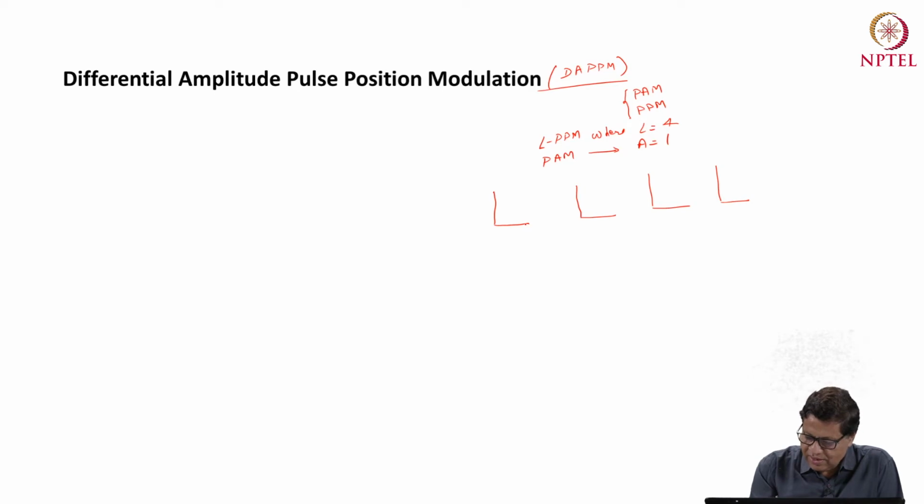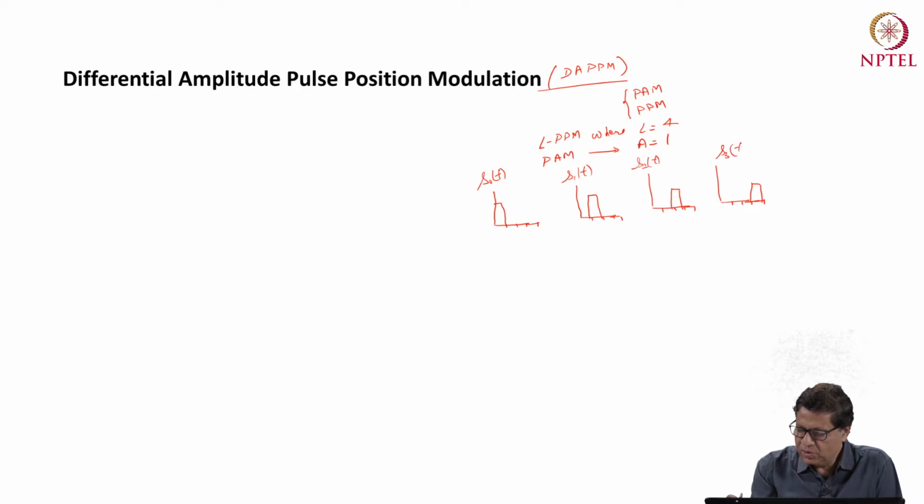So let us divide this into 4 parts. This is S0(t), S1(t), S2(t), S3(t).